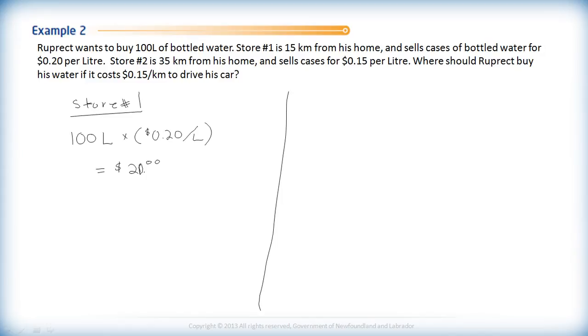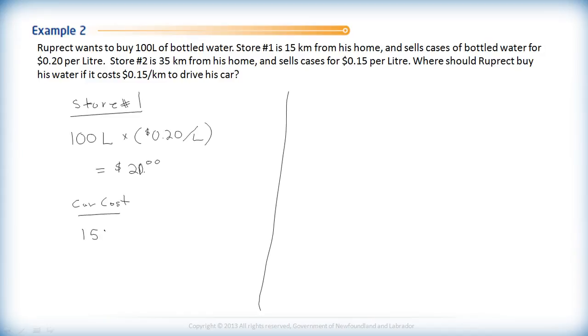But we also have to account for his mileage. So for Ruprecht's mileage there, it says it's 15 kilometers from his home. So let's look at his car cost here. It's 15 kilometers and it costs him 15 cents per kilometer.